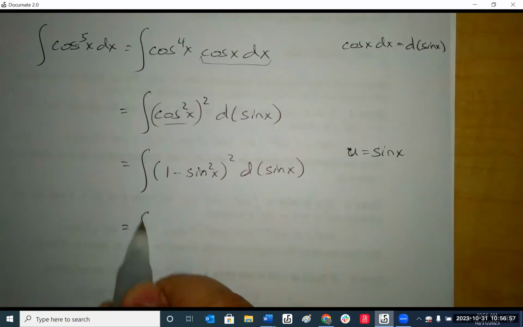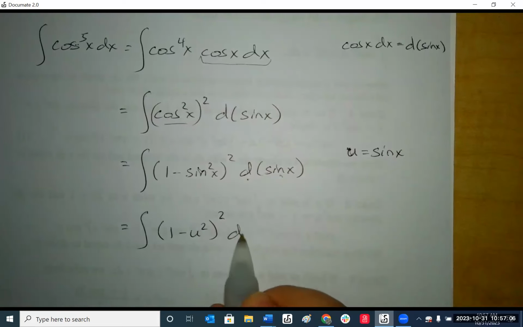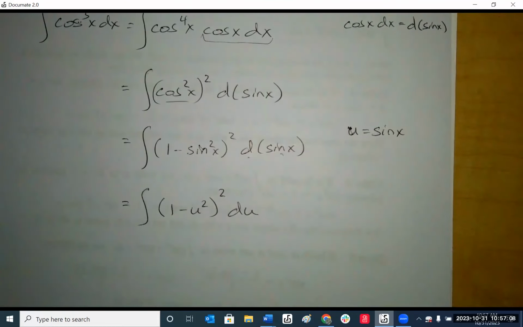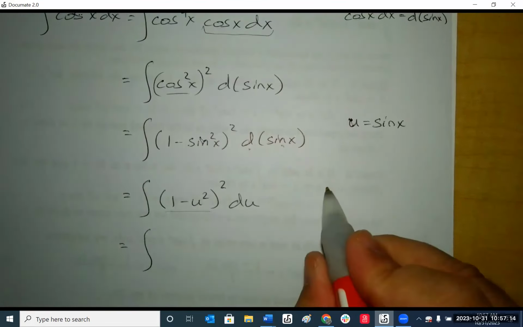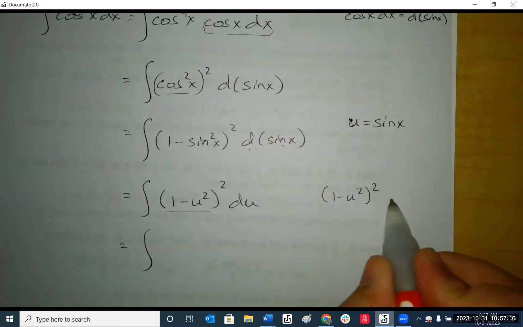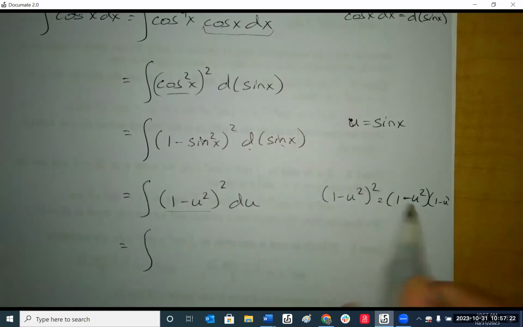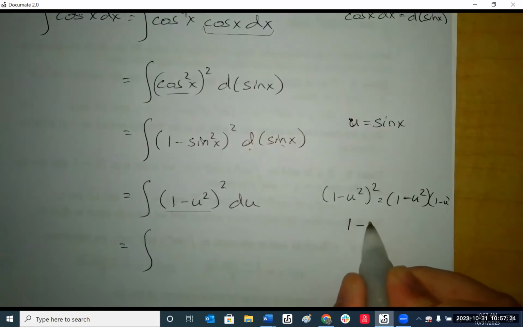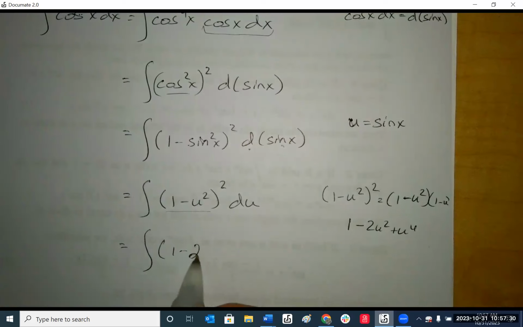And that'll give us 1 minus u squared, squared, du. 1 minus u squared times 1 minus u squared becomes 1 minus 2u squared plus u to the 4th, du.